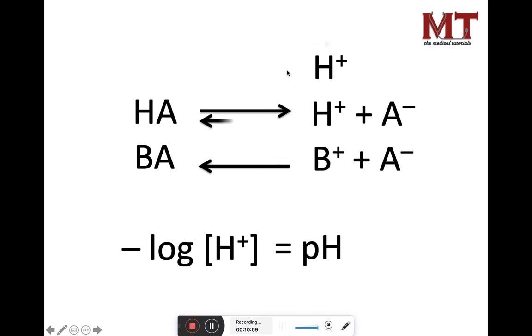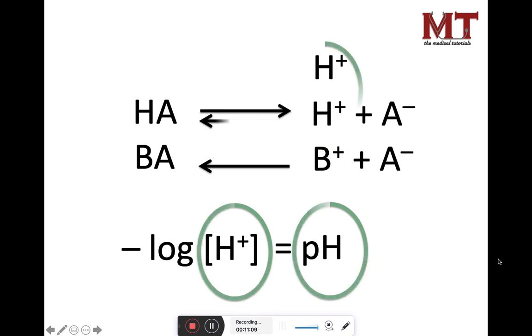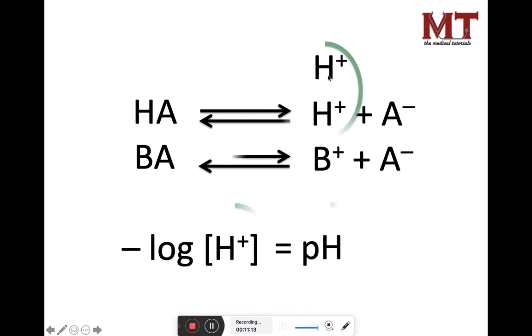Whatever extra H+ has been added is converted to the undissociated acid, means the original H+ concentration remains constant. The original pH remains constant, means the pH does not change even when we add an acid from outside to this medium.